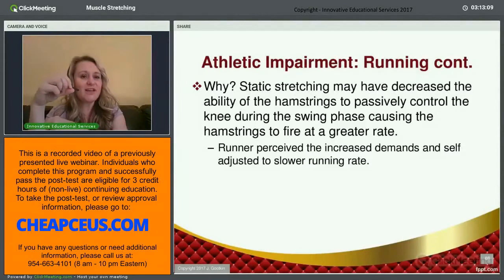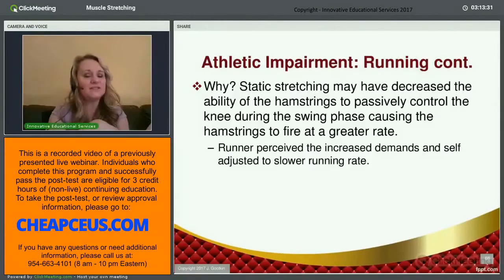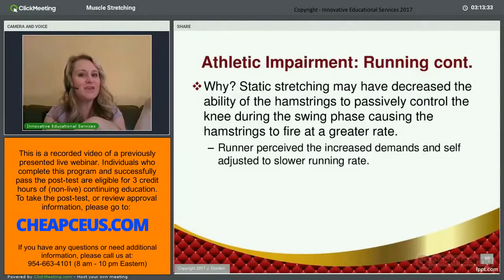But if they look at the start and the perceived exertion, they all said that at the beginning of the run, I felt like I was working harder. And the EMG agreed with this, saying that that hamstring, that biceps femoris firing, had to work harder to decelerate the knee. It had to recruit more muscle fibers to control that knee early on in the run than it did later.